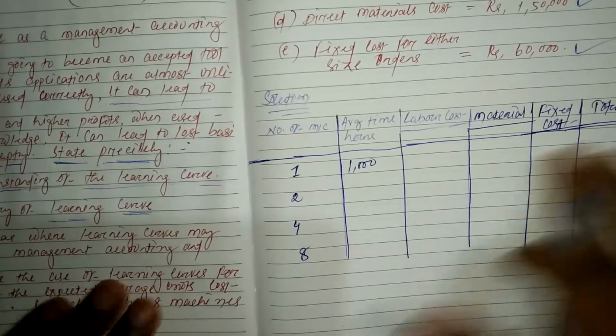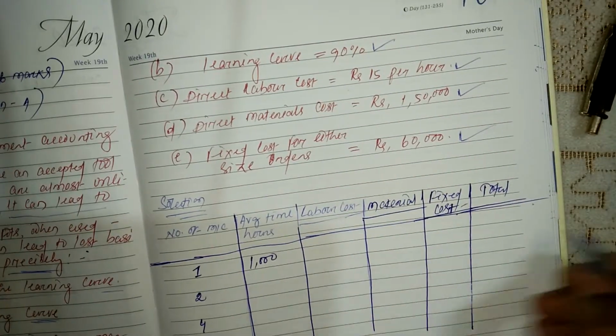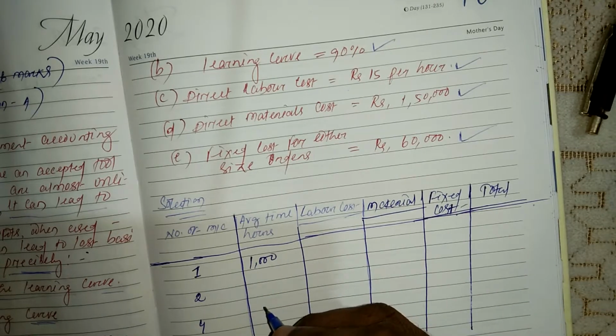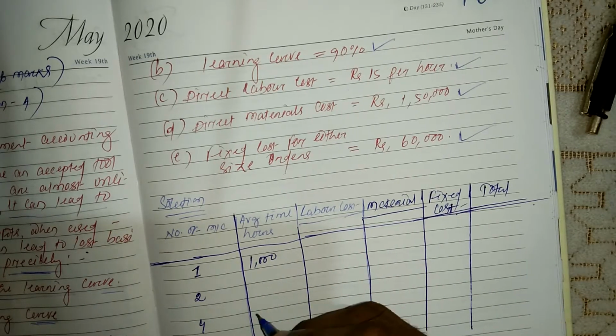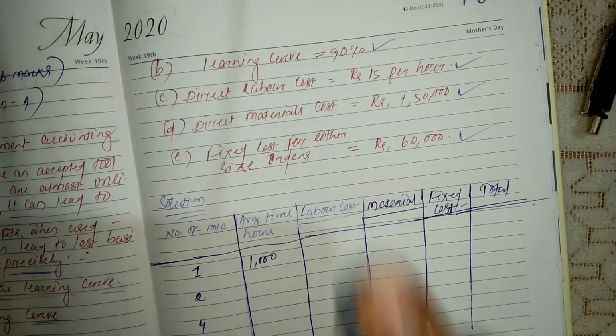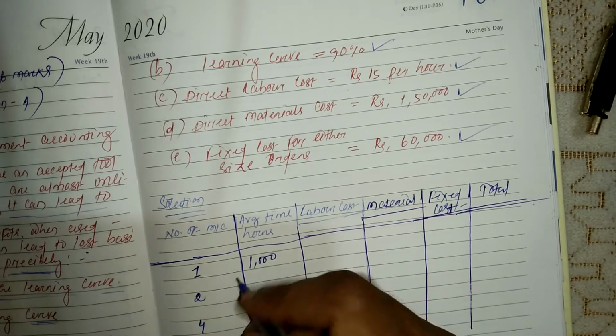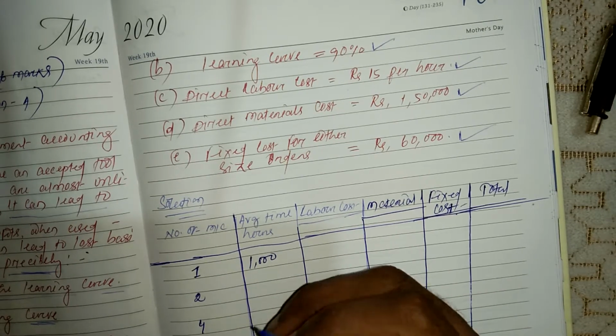1000 hours, and again the question says the learning curve is 90%. That means average time in hours will be reduced by the same fixed percentage of the learning curve with the increase in the number of machines.